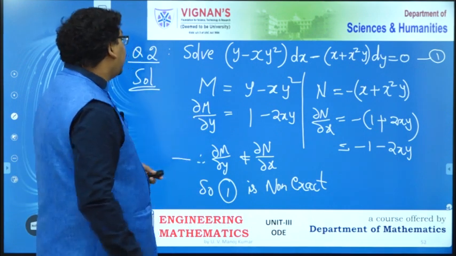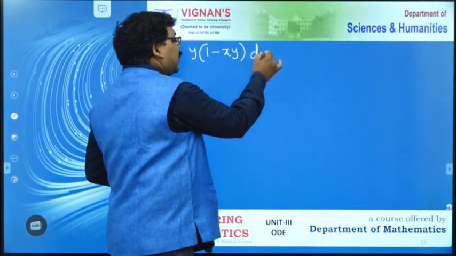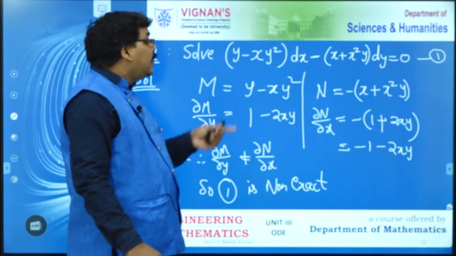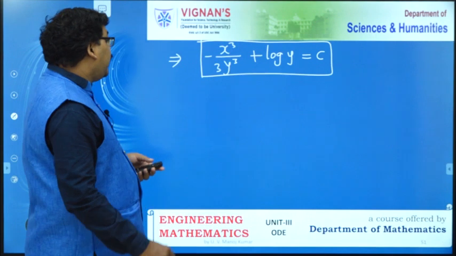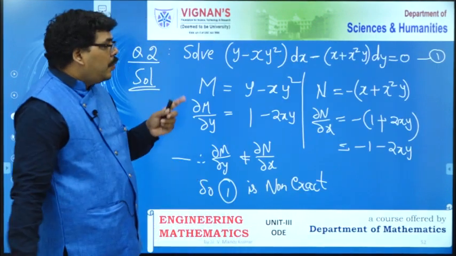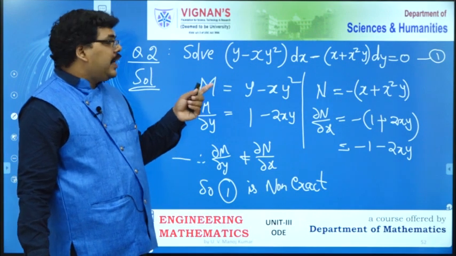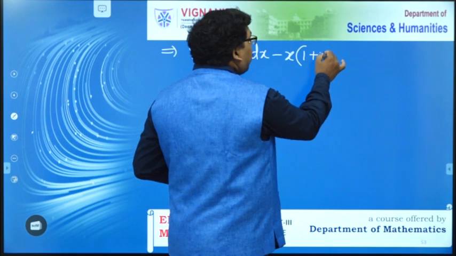Y minus xy square, we can take y common and we can write y into (1 minus xy) dx plus, minus x plus x square y. If you take x common in the second term, we will get x into (1 plus xy).